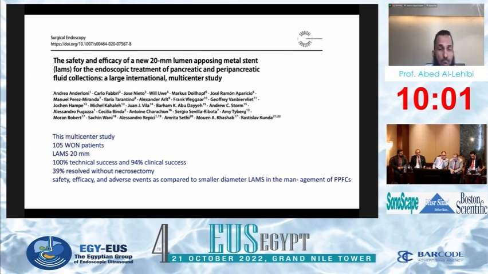Different types of LAMS. We are using the 15 millimeter, but one study of 105 patients used the 20 millimeter, considering the new size for the lumen-apposing stent, and reported a 100% technical success rate without any problem, and a clinical success rate of around 94%. They also decreased the need for necrosectomy, but the other safety, efficacy and adverse effects compared to the standard 15 millimeter are almost the same.